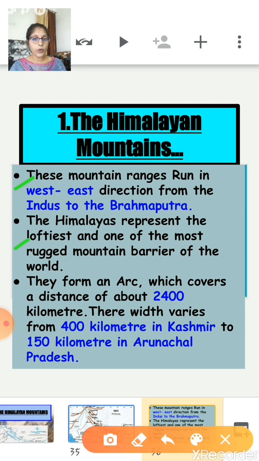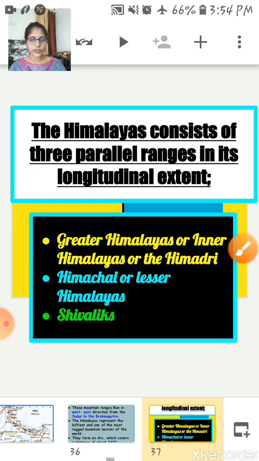Himalaya represent the loftiest and one of the most rugged mountain barriers of the world, and cover a distance of about 2400 kilometer, and their width varies from 400 kilometer in Kashmir to 150 kilometer in Arunachal Pradesh.